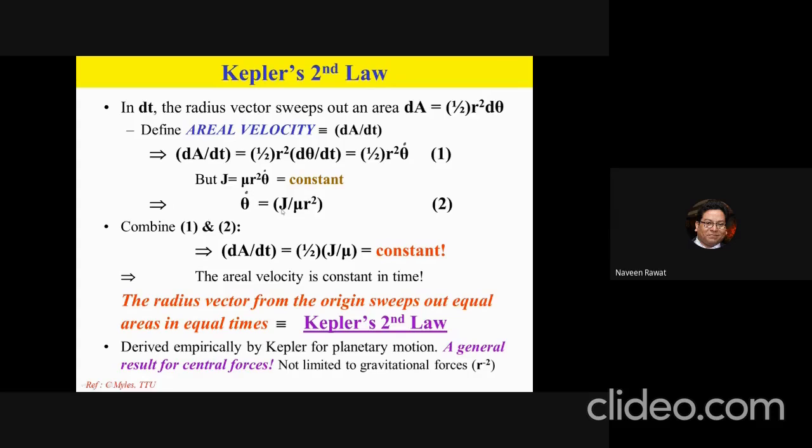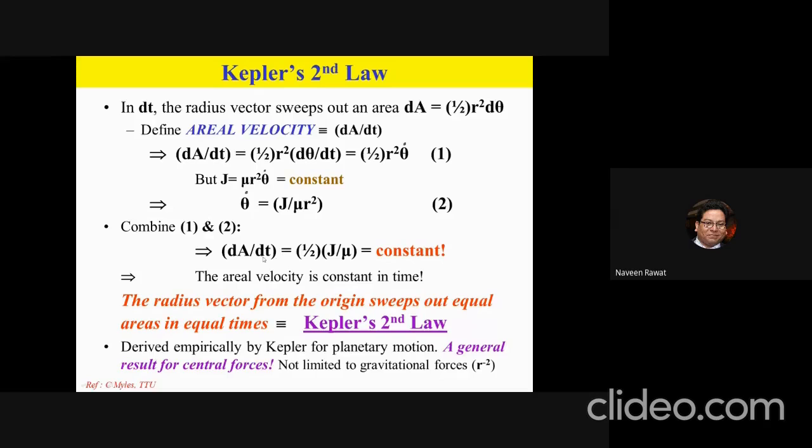So I can plug this equation in here. My dA by dt will be one half times r squared times J by mu r squared. The r squared and r squared cancel, and I'm left with one half J by mu. In my system, where I'm considering a reduced mass, J is a constant, and mu, the reduced mass, is constant for the system.